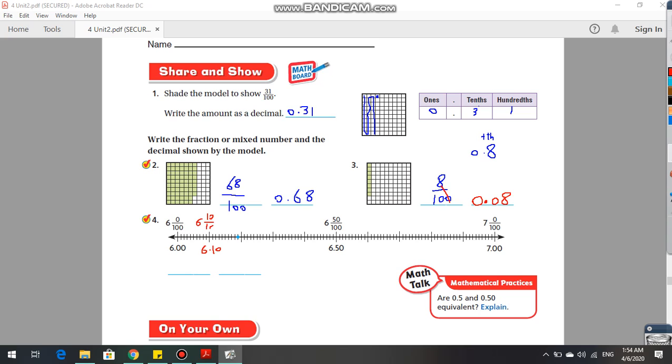So one will ask me why it's not 1 over 100. Look, let's count. 1, 2, 3, 4, 5, 6, 7, 8, 9, 10. So it's 10 hundredths. And here I have 20 hundredths, right?